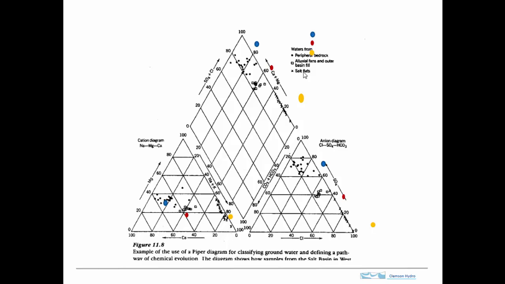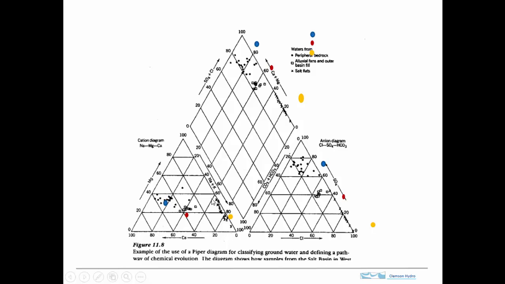And all the while it's doing this, it's changing composition by interacting with the rock. And so what you see is that all of the water that's from the bedrock is plotting here, and then the composition changes as you move in this direction. So you're increasing the sodium-potassium level by going in that direction.